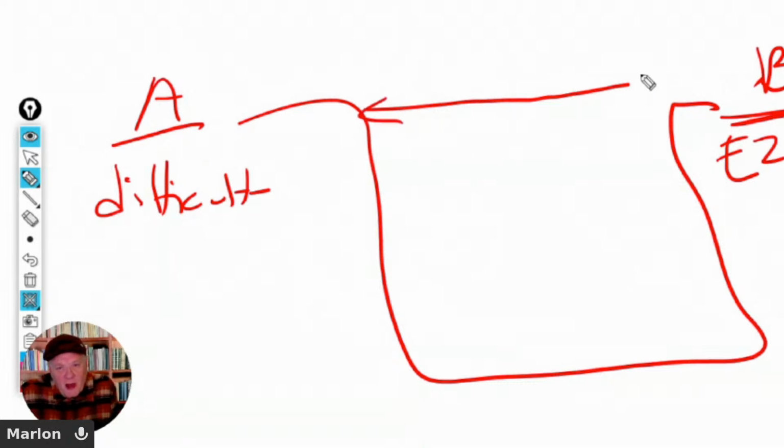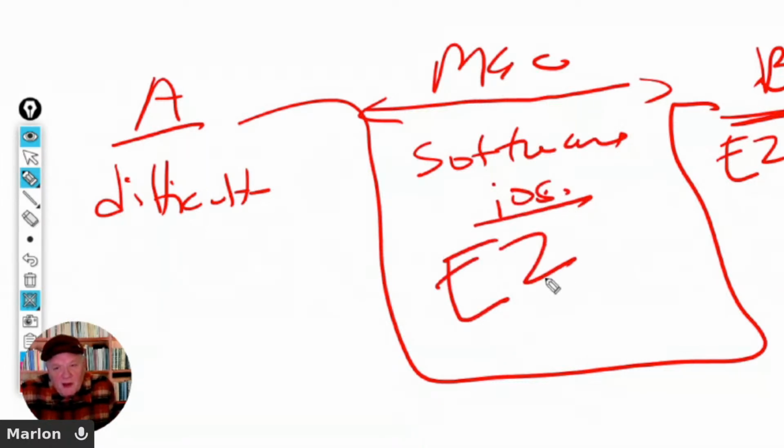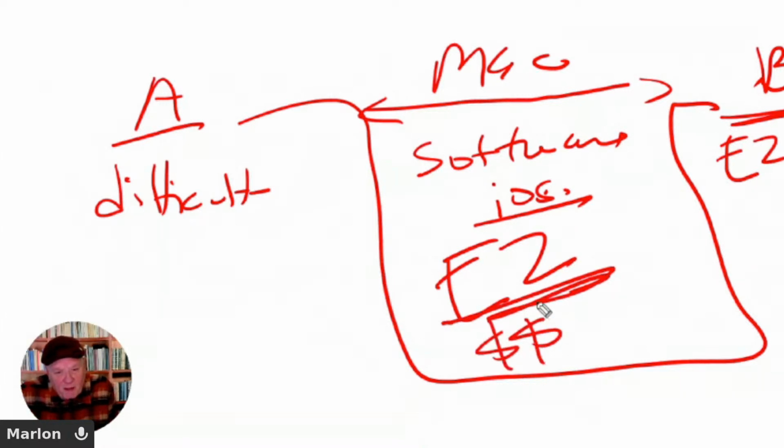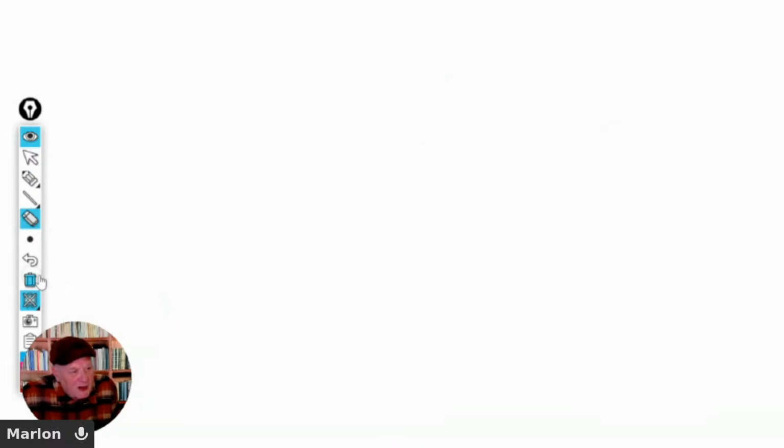And so they created this Mac version with software, iOS, right? That was easy peasy breezy. And they bridged this gap. And so people were willing to pay a premium for this nice, elegant, easy to use computer system, right? So this is what we call gap analysis.